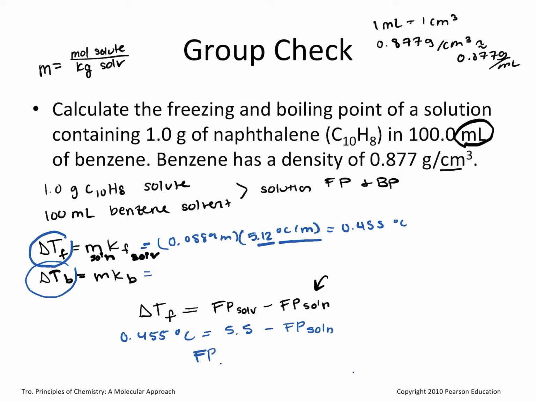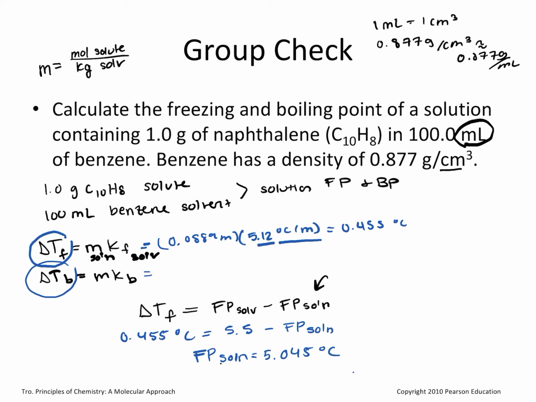We are trying to find the freezing point of the solution, so I have to look up my freezing point of benzene, which is known, and that is 5.5. So now what would be my freezing point of my solution? If you take your 0.455 minus 5.5, then you'll have a negative and divide by -1, and you get 5.045.